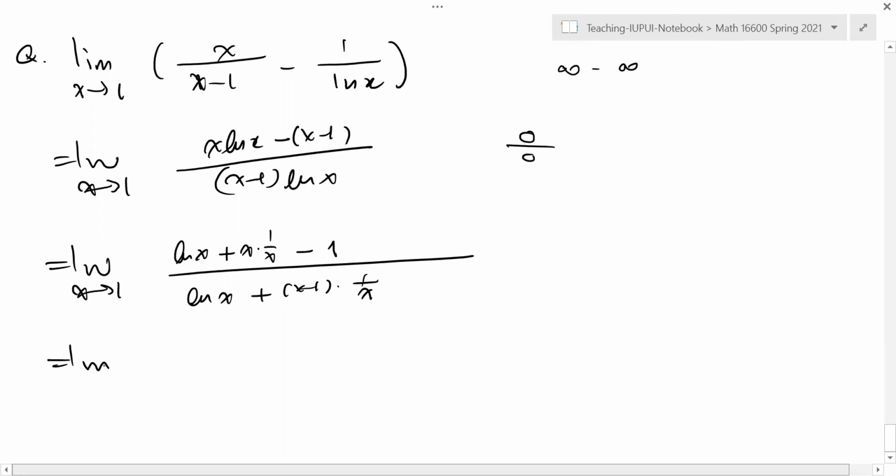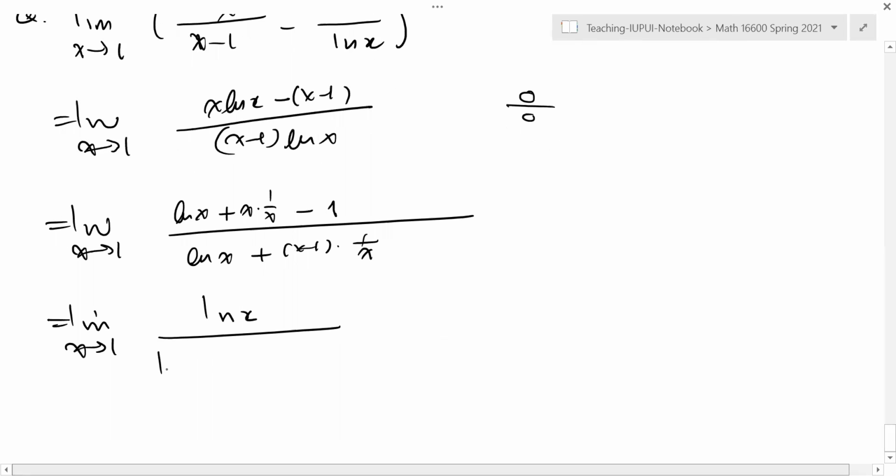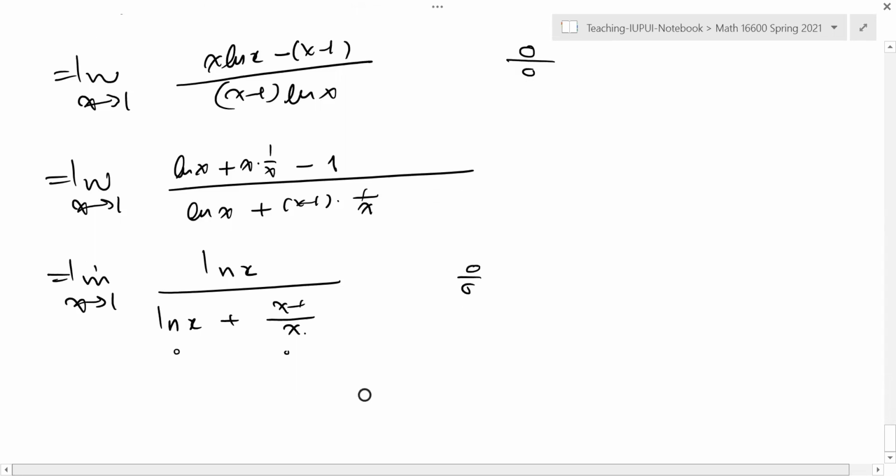The numerator is just equal to natural log of x, right? x over x is 1, so it cancels out. The denominator is this. What do we get? I think it's also 0. So it's a 0 over 0 type. You can apply L'Hopital's rule here.